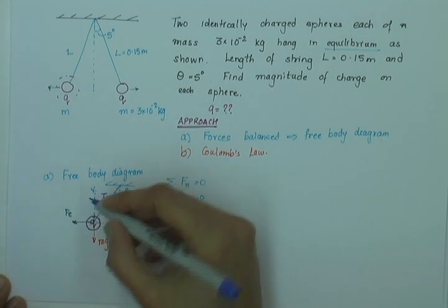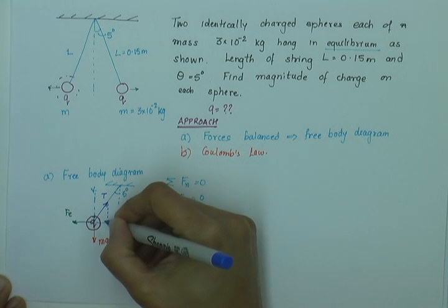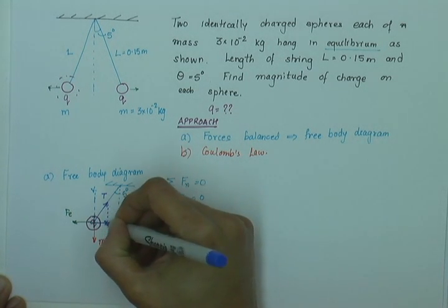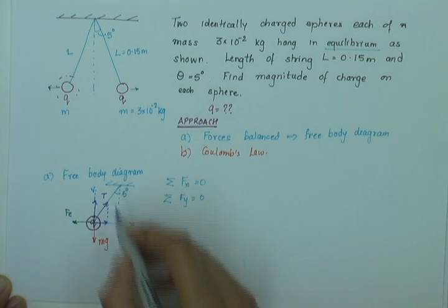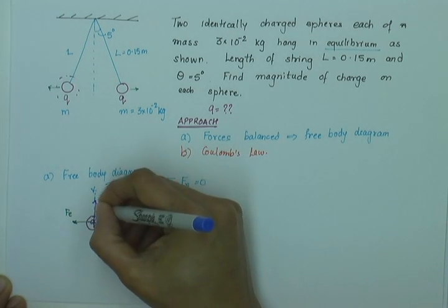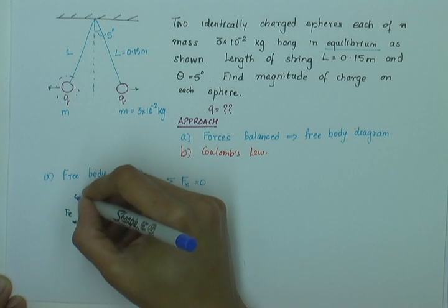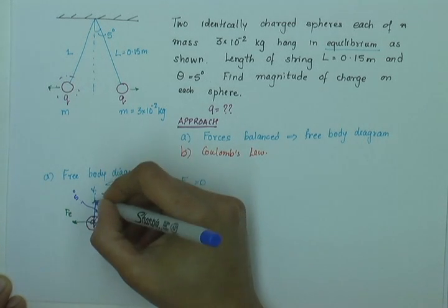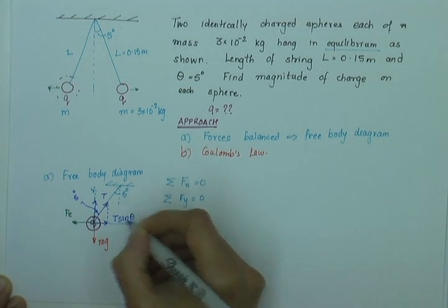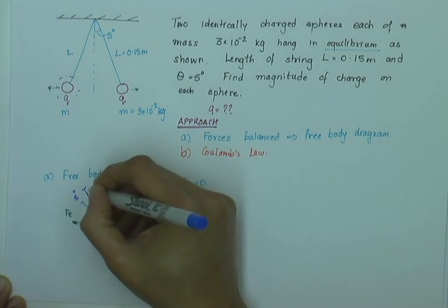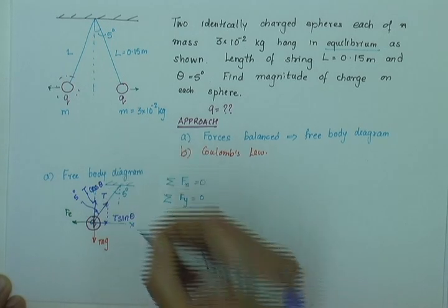And so let us resolve T along my x-axis and along the y-axis like this. This angle is 5 degrees, so this angle is also 5 degrees, and this is my T sine theta and this is my T cos theta.